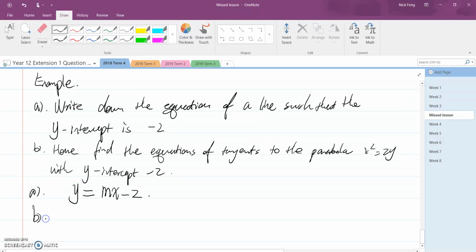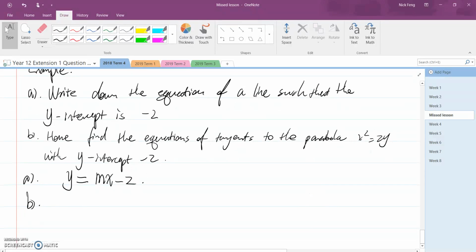So for part B we're going to solve this line and the parabola simultaneously. The reason is, again, when they say tangent, it basically means the line touches the parabola at one point only. That's highly related to the number of solutions, in fact the discriminant. So we're going to solve y equals mx minus 2 and x squared equals 2y simultaneously.